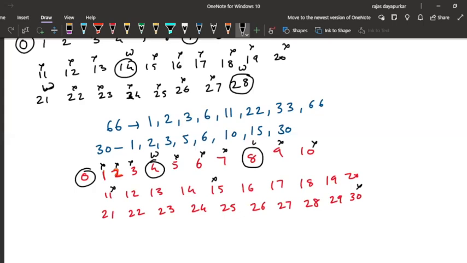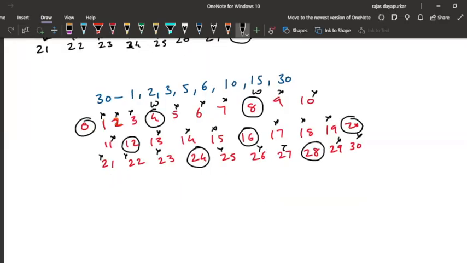Basically, you have to come here in that case, intermediate. That means the factors have no role. So only the first consecutive numbers will play a role, Ashwin.